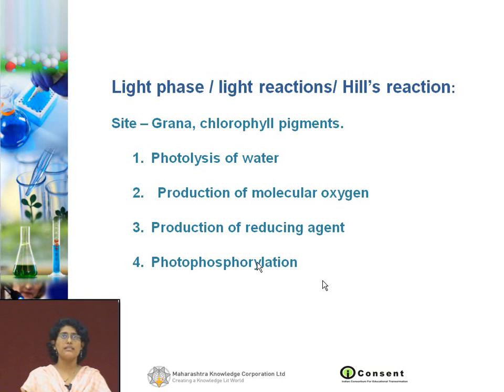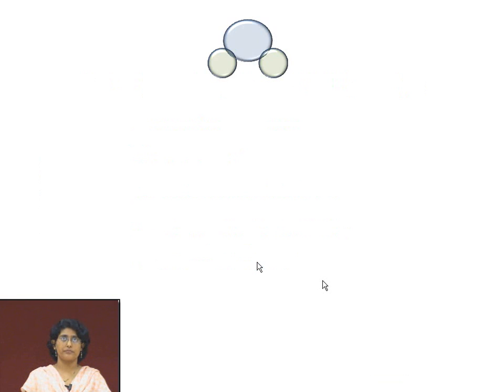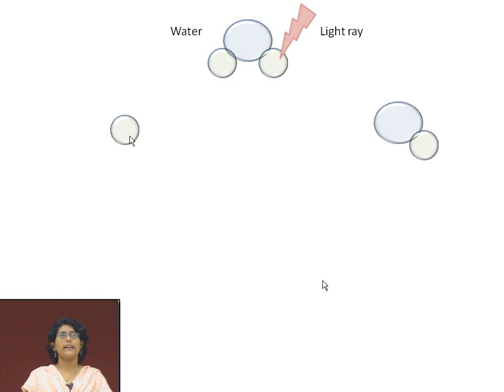Let us now see how these reactions take place. Suppose this is a water molecule, this is an oxygen and these two are the hydrogen atoms, H2O. When light comes on these molecules at the site of photosynthesis, that is in the chlorophyll molecules, the water molecule gets energy from the light ray and breaks down into H plus ions and OH minus ions.